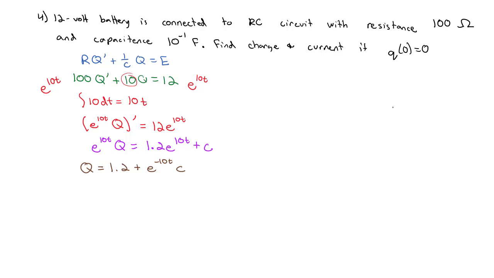We're given an initial condition of 0, 0. So if I plug that in, 0 is equal to 1.2 plus e to the 0 times the constant. And so we know our constant is equal to negative 1.2.